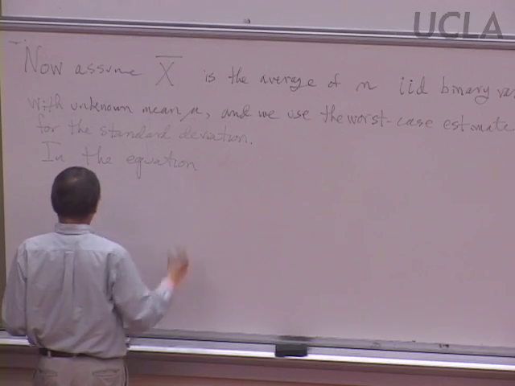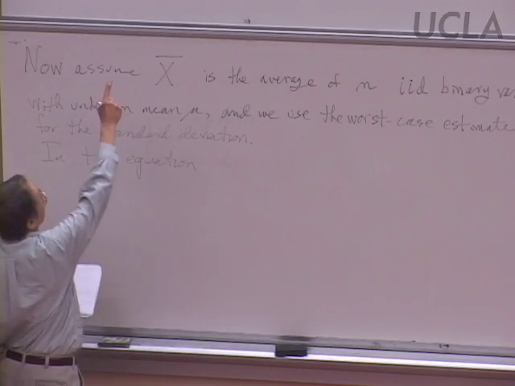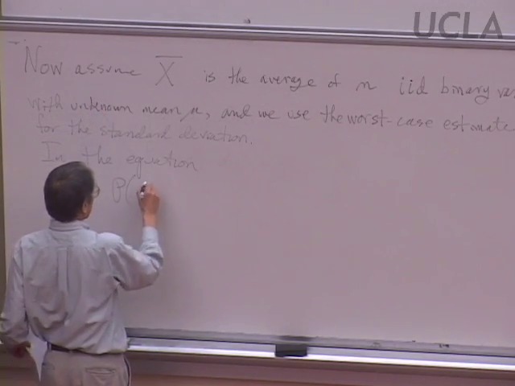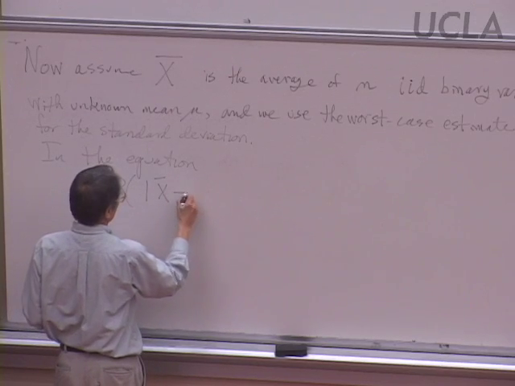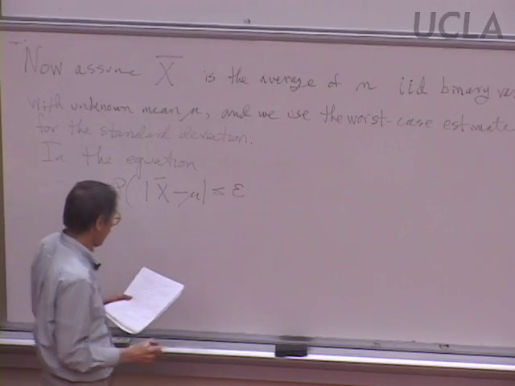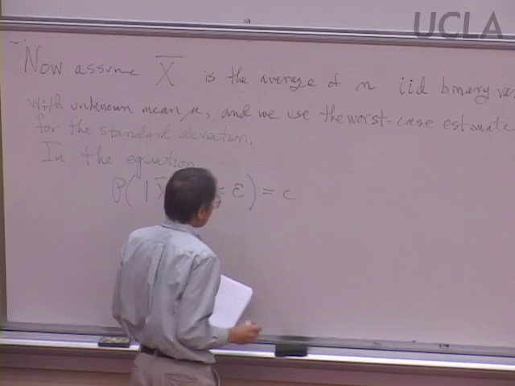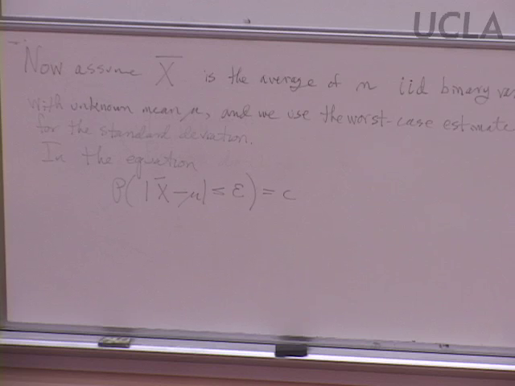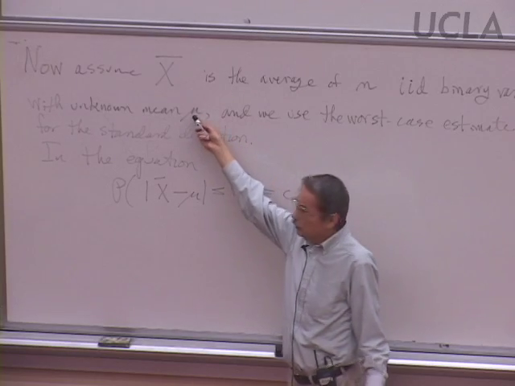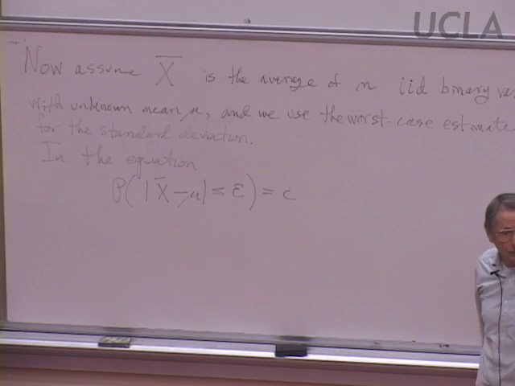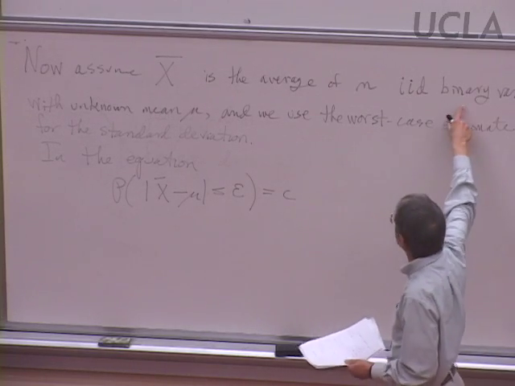And we've been looking at an equation, like the equation up there: the probability that x bar minus mu is less than or equal to some error, epsilon. There are various numbers involved here. Let's assume that we don't know mu. We're using our worst case estimate for the standard deviation of an individual binary variable.